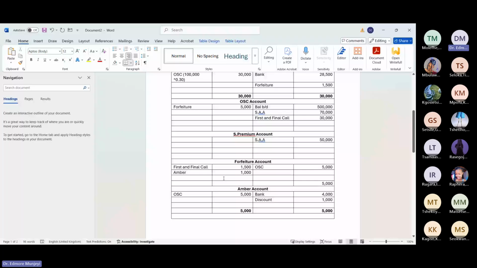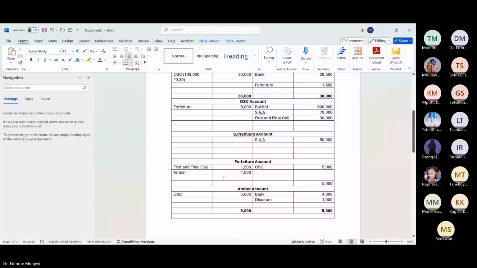The balance there is 2,500. Going to the ordinary share capital. And then what is next?